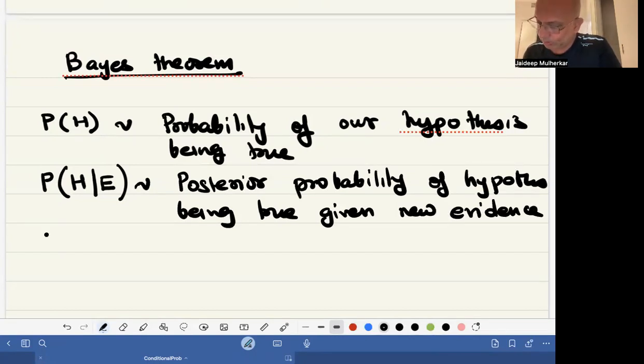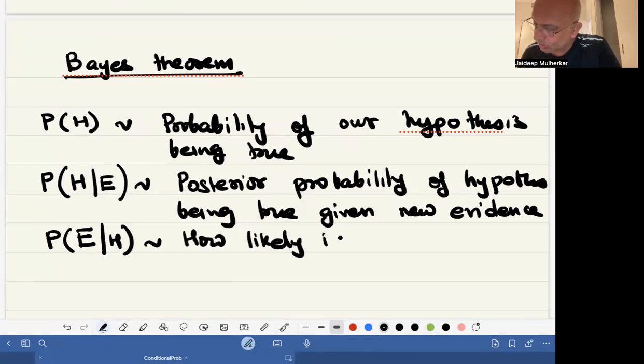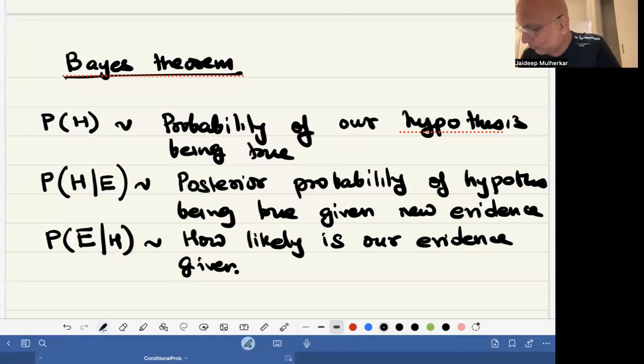And then the flip, probability of E given H, is what we'll call the likelihood. So how likely is the evidence given our hypothesis?